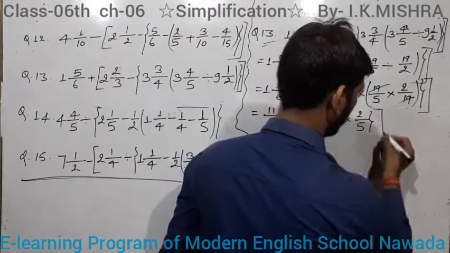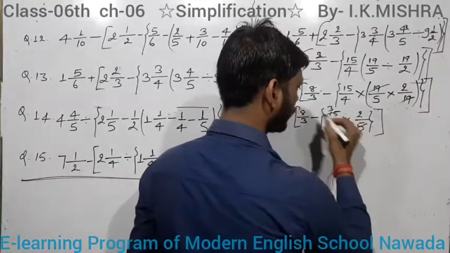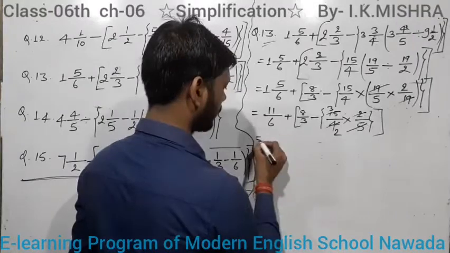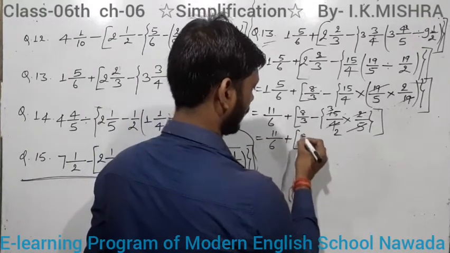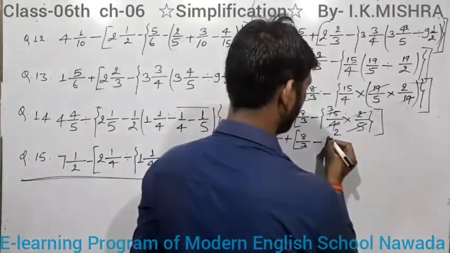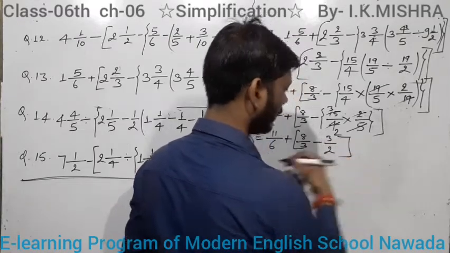Clear, friends? The small bracket is eliminated. Here 5 divides 15, 3 times, and 2 divides 4, 2 times. So students, after that 11 by 6 plus 8 by 3 minus 3 by 2. Clear, students?